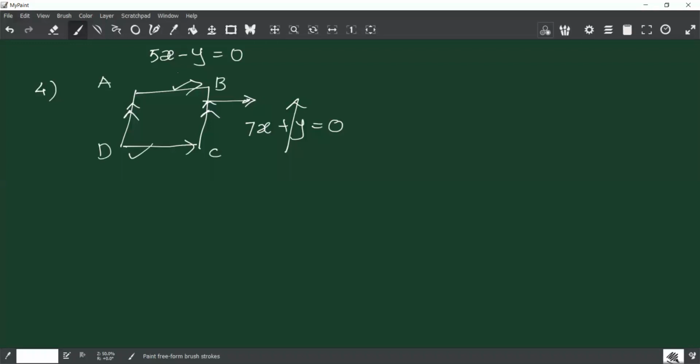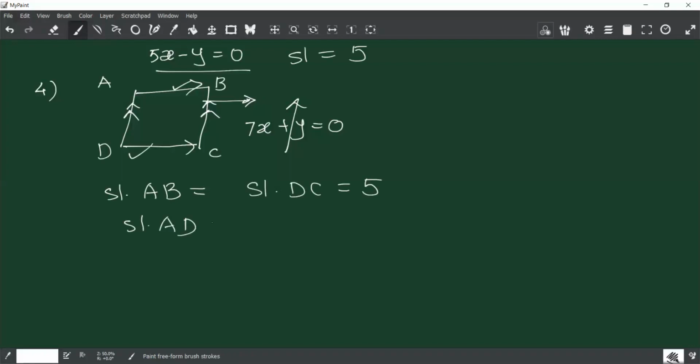अभी ये ऊपर के लाइन का स्लोप क्या है? Slope is 5, y is equal to mx. So I can write slope AB and slope DC, both are 5. Similarly, slope AD and slope BC is -7. Correct? अभी और क्या दिया है?